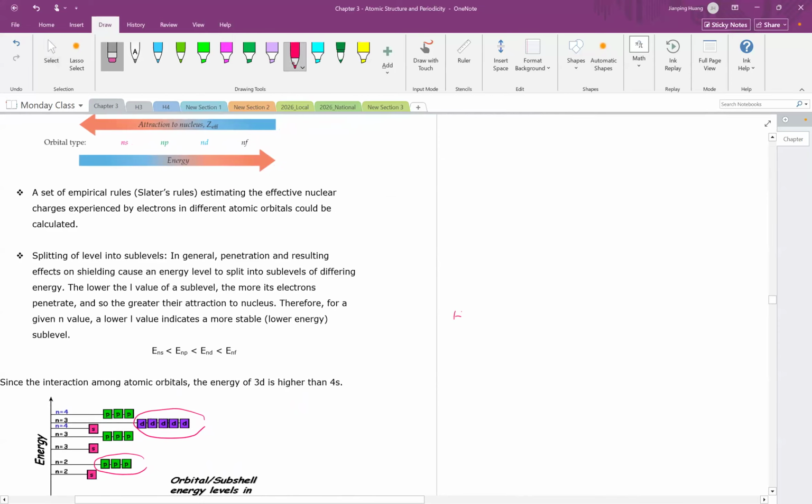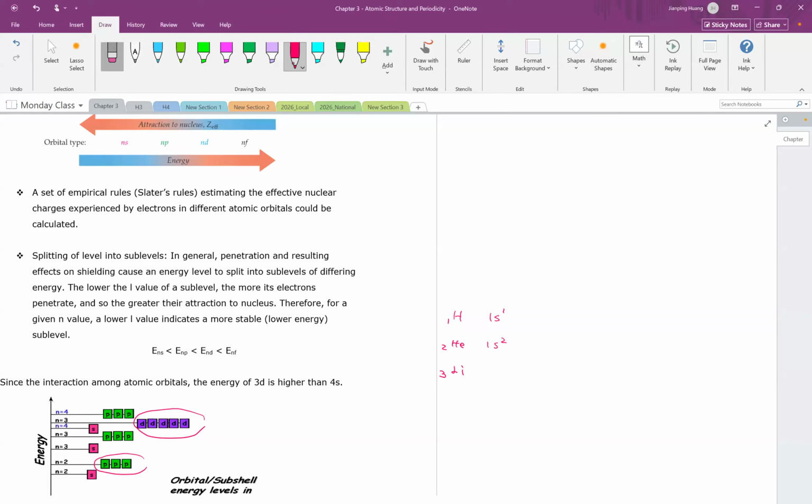Hydrogen. How many electrons? 1. So that should be 1s1. That's it. Helium. How many electrons? 2. And that should be 1s2. Next one, lithium. 3.